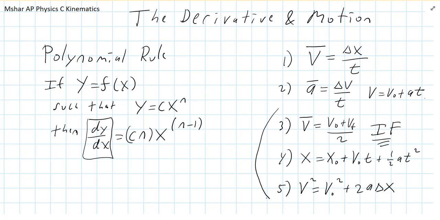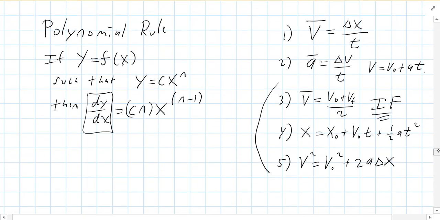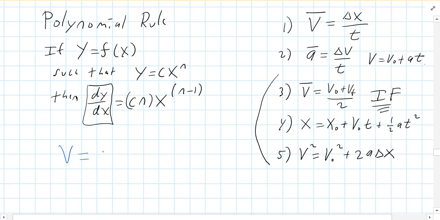Okay. Now, the first 2 equations are always true. No matter what the object's doing, you can calculate its average velocity with equation 1 and its average acceleration with equation 2. There are 2 other equations that are always true, and I mentioned them briefly at the end of the previous video, and those are the following. Velocity is always the derivative of position with respect to time.